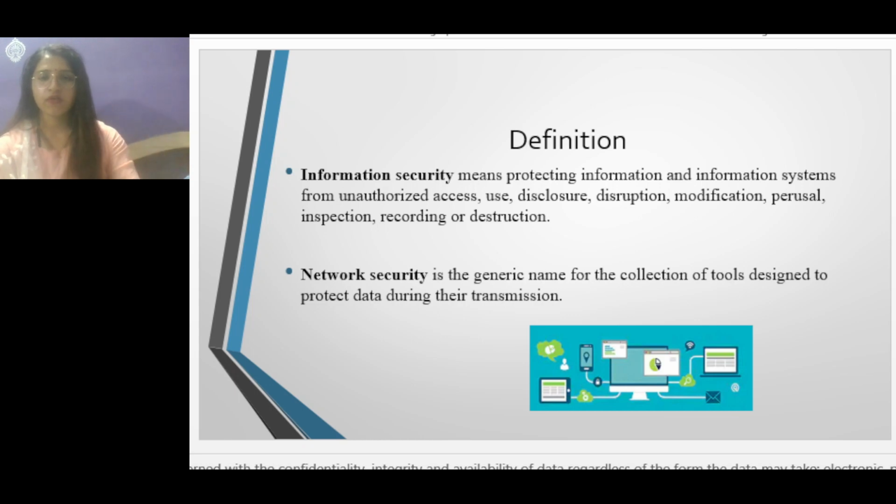It deals with confidentiality, integrity. What is the meaning of all these terms? We'll study in the further part. I hope you understood what is information security and what is network security. Information security means protecting the information from unauthorized access, by one who does not have the authorization to use it. That is unauthorized access. And in network security, you are going to protect data during the transmission.